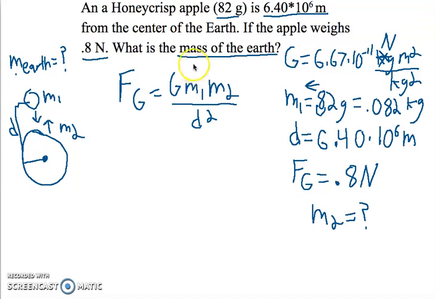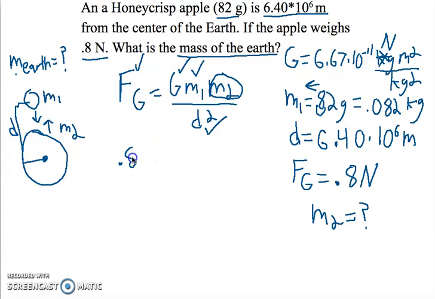So now if we look at this, we actually know everything. We know the constant, we know the mass, we know the distance between the two, we know the force of gravity. So we have enough information to find the second mass, which is the mass of the Earth. So we really, at this point, just have to be careful plugging everything in.